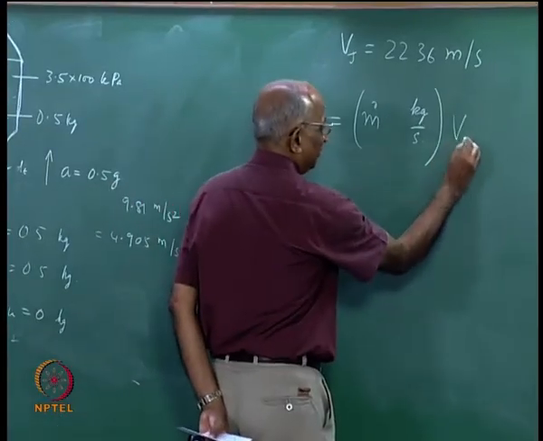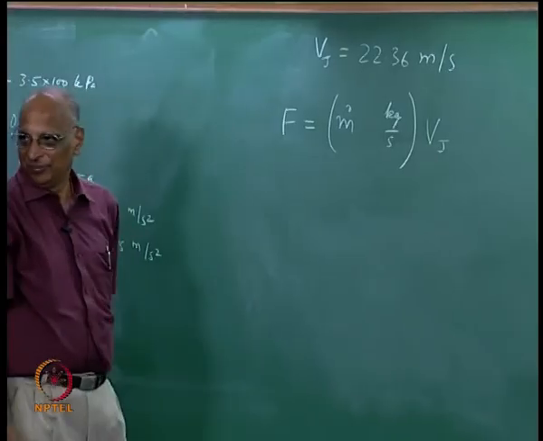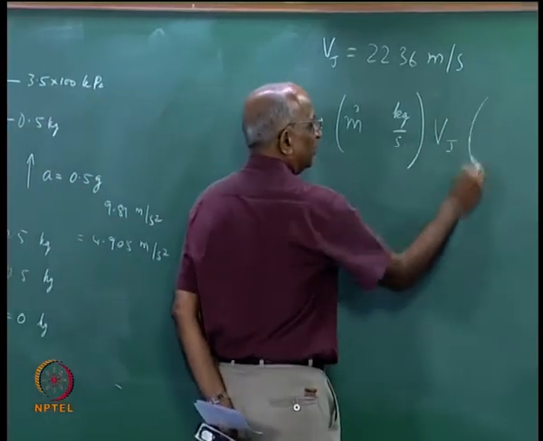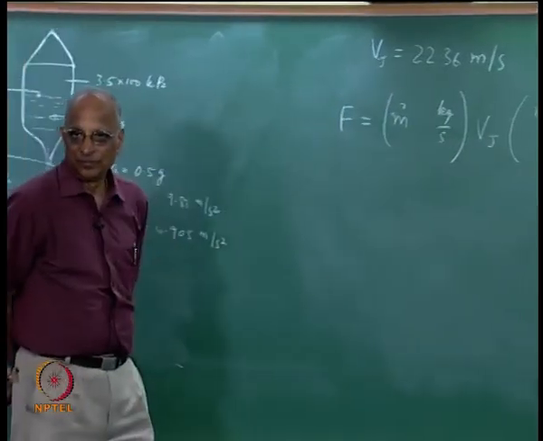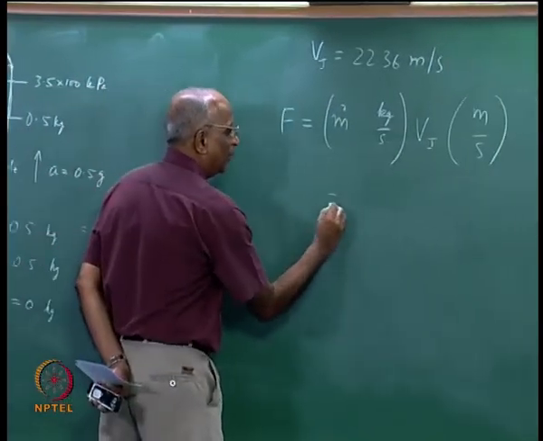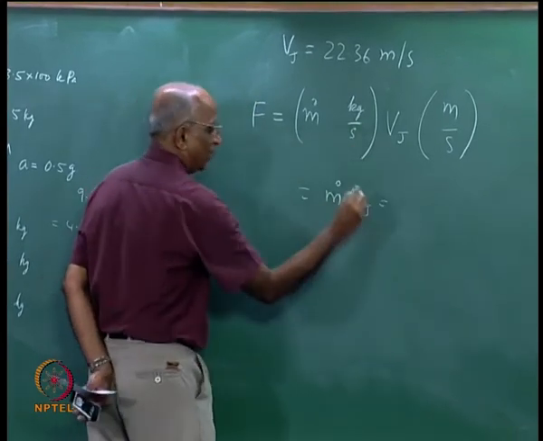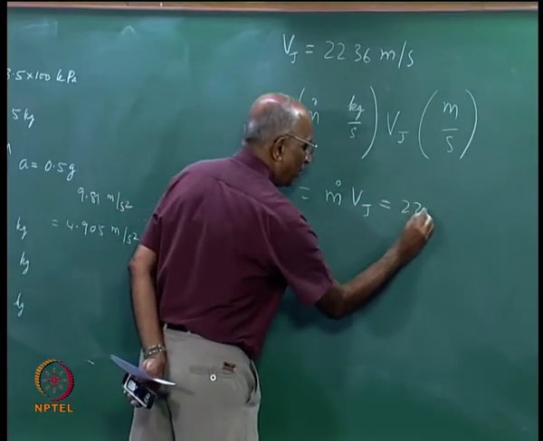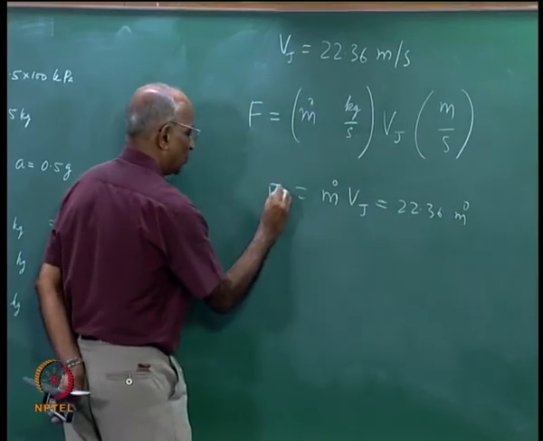Vj. m dot Vj is force, so much meters per second. That means the thrust is equal to m dot Vj, and Vj we have already calculated is 22.36, so 22.36 into m dot is equal to the force.